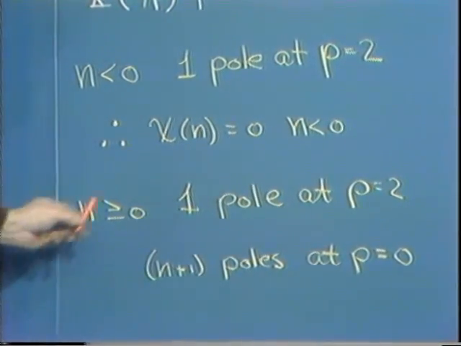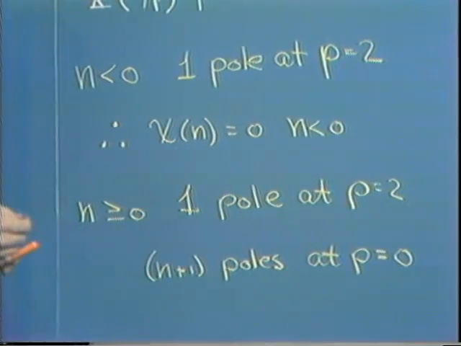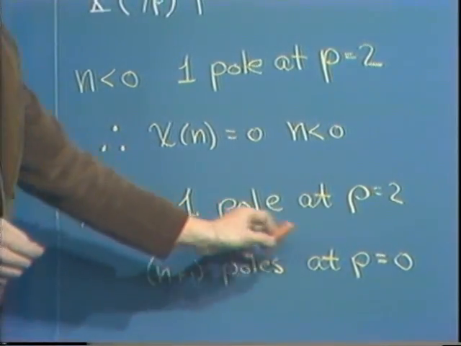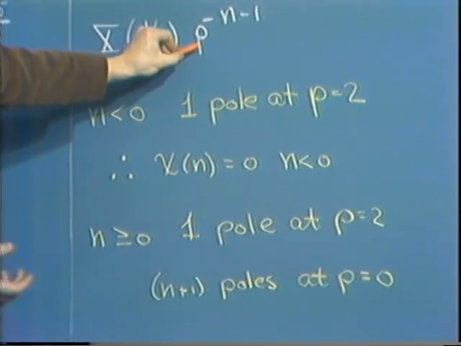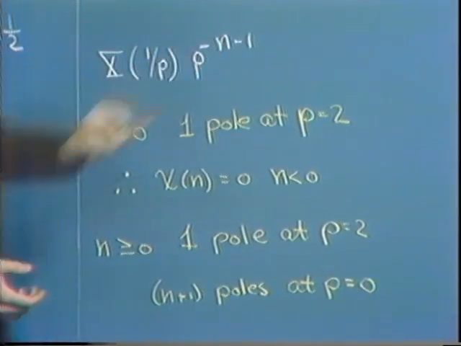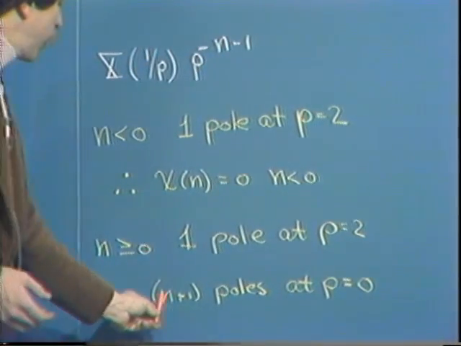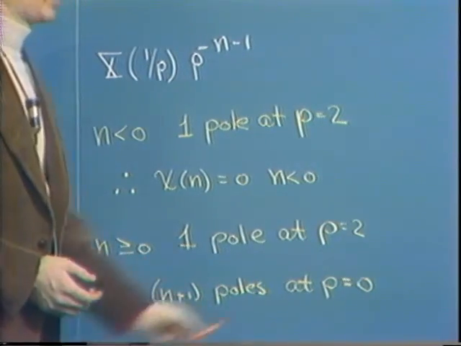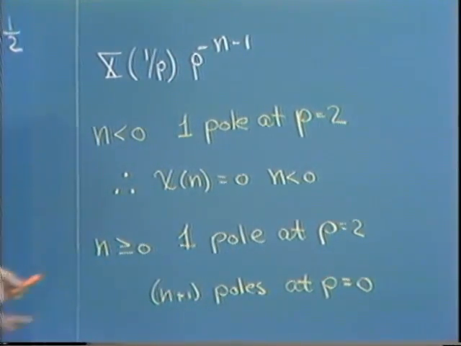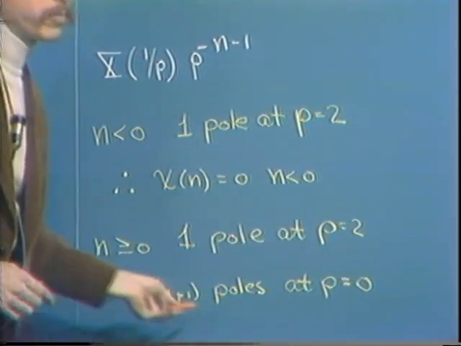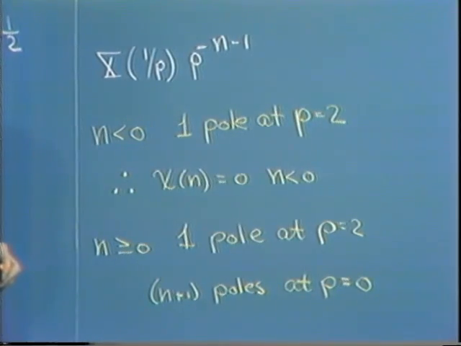Now, for n greater than or equal to 0, we have one pole at p equals 2. But then, because of this factor, p to the minus n minus 1, we have n plus 1 poles at p equals 0. So now it seems like for n greater than or equal to 0, we're back where we started from, because now we have these multiple order poles at p equals 0.